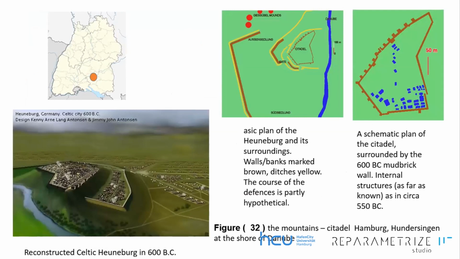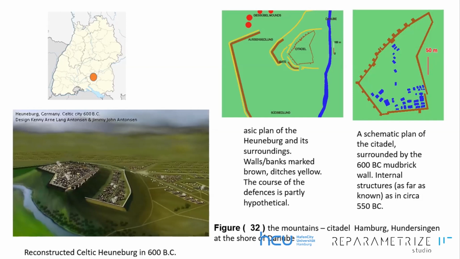We can talk about excavations carried out at one of the mountains near Hamburg, at the shore of the Danube, where at the top of one of the hills, a clay citadel was discovered. This citadel dates to about 600 BC, and it used mud brick for the wall.